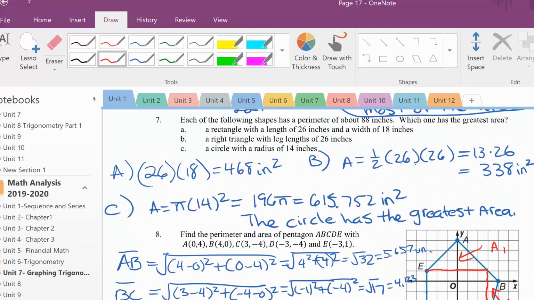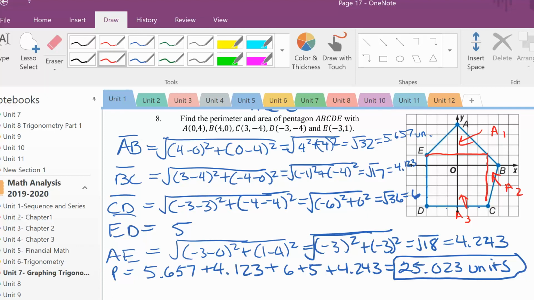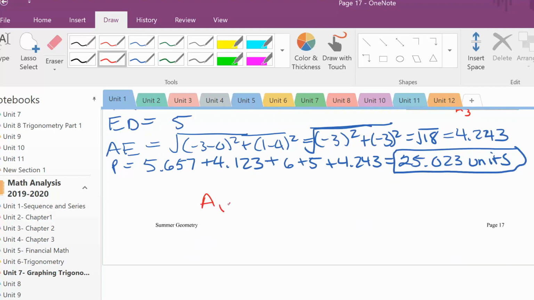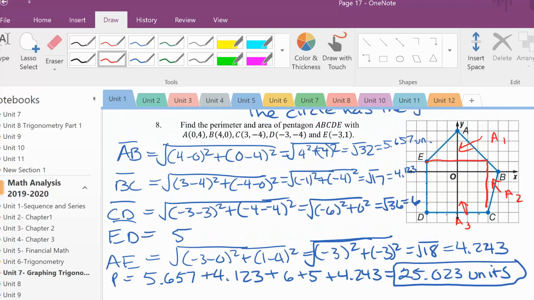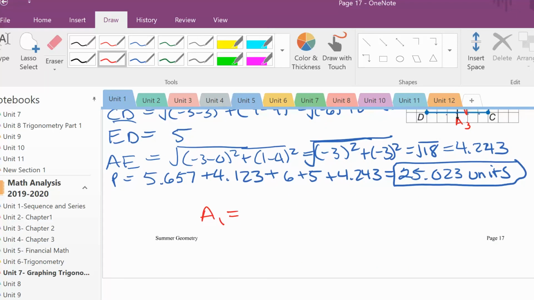So to find the area, area 1 is a triangle, right? And notice the height is 1, 2, 3, and the base is 1, 2, 3, 4, 5, 6. So you go 1/2 times 6 times 3, so that's equal to 1/2 of 18, which is 9 square units.